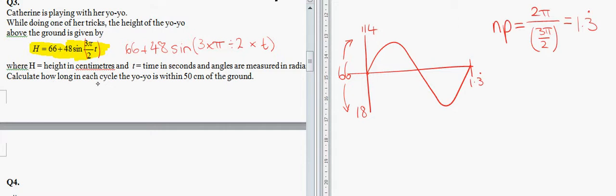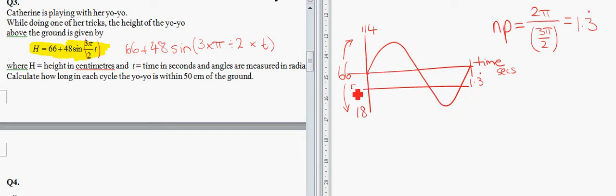And the question says how long in each cycle the yo-yo is within 50 centimetres of the ground. So once again our x-axis is time, and that's in seconds. And the y-axis is the height of the yo-yo, so it's starting here, going up, down.